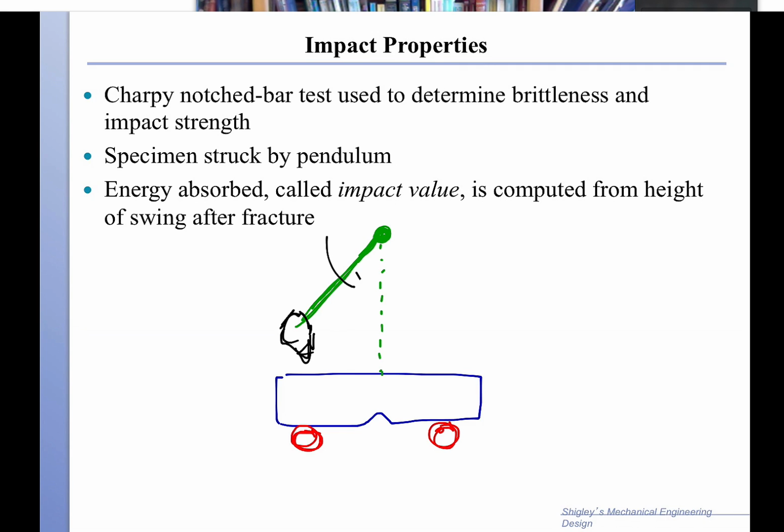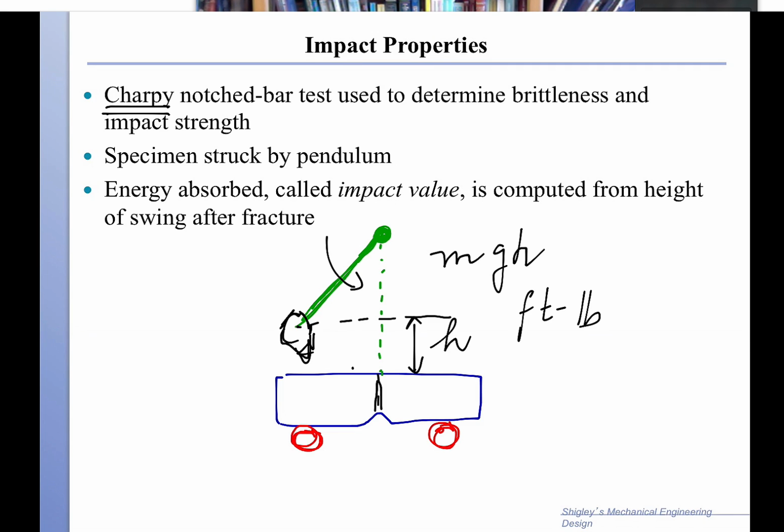Then you swing the pendulum until it hits the material, and from the height h away from the surface, you have an energy equivalent to the potential energy mgh in foot-pound, and that will be a measure of the energy absorbed before fracture. So you just induce fracture. Once the material fractures, you have this energy absorbed as the Charpy test. Charpy is one of the inventors of this test.